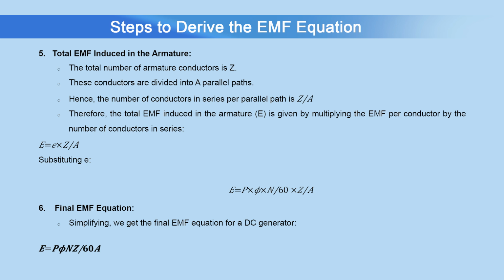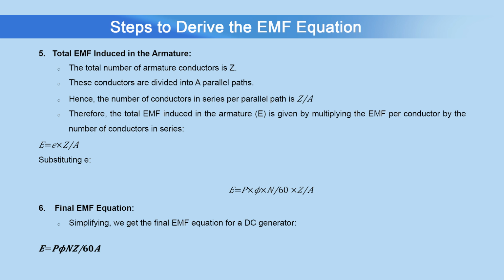It means capital E, the induced EMF in the armature, is equal to e into Z by A, whereas small e represents the induced EMF in one conductor.